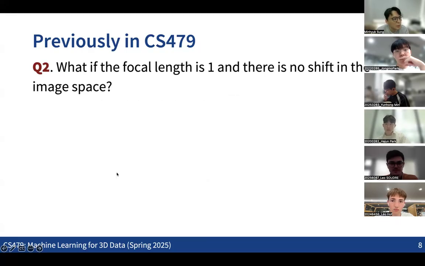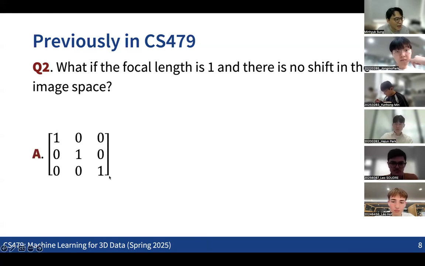Then what if we have a very special camera model like this, which is basically the default camera model where the focal length is 1 and there's 0 shift in the image space? In this case, the intrinsic matrix becomes the identity matrix, right?